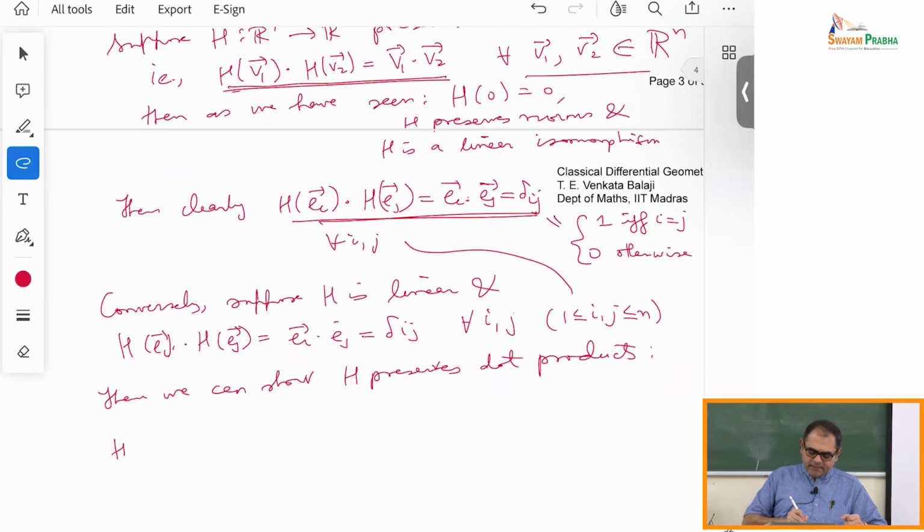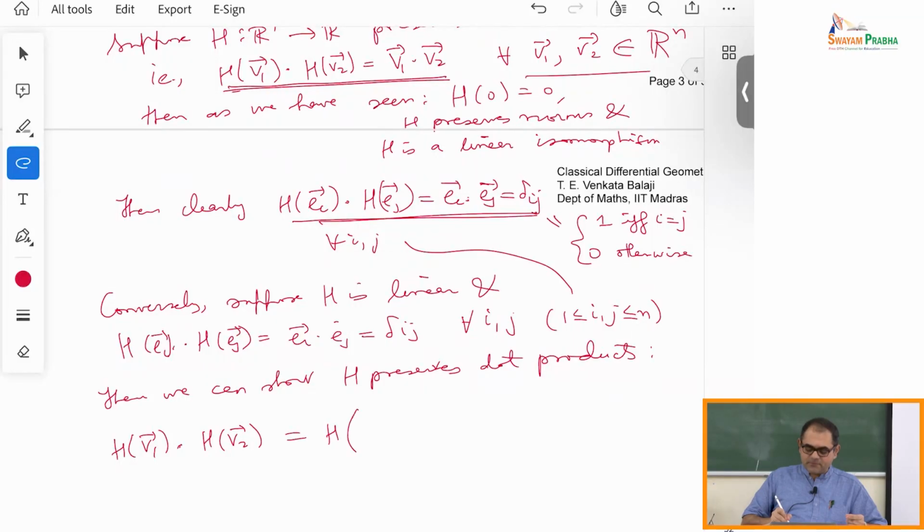So you calculate HV1 dot HV2. Now here is the important thing. Any vector can be written in terms of the Eis, with unique coefficients, because the Eis form a basis. So HV1 will become H of sigma lambda i Ei, i equal to 1 to n, and these lambda i's are unique for the vector V1.